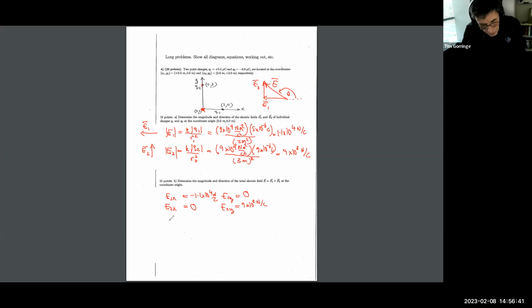Now we can add those fields together in this language of x and y components. So the resulting field's x component, I call it Ex, is the sum of the two x components. That's E1x plus E2x. The resulting field's y component is the sum of the two y components. So that's E1y plus E2y.